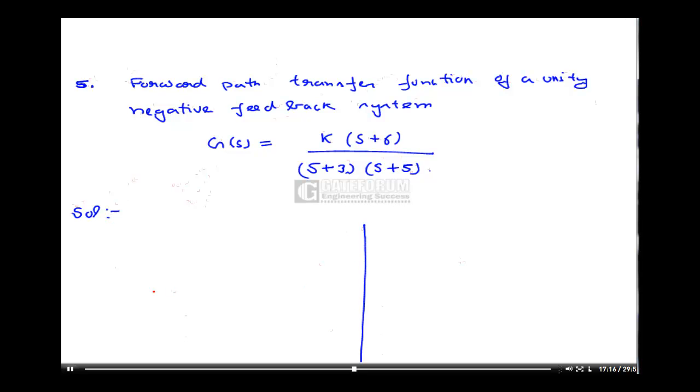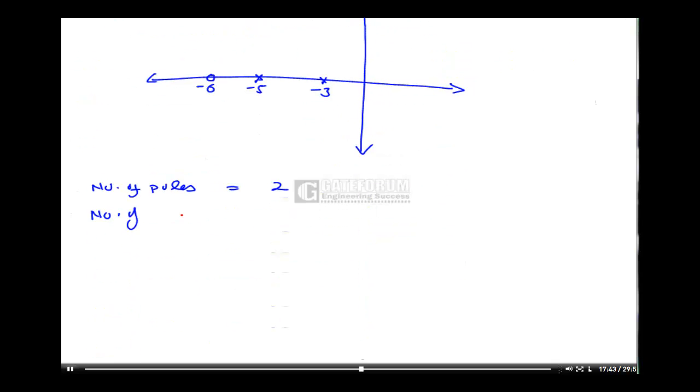Simple, you can easily find the poles and zeros. Zero is located at minus 6, one pole is located at minus 5, another pole is located at minus 3. Okay, now number of poles equal to 2, number of zeros equal to 1, thus number of asymptotes equal to 2 minus 1 equal to 1.